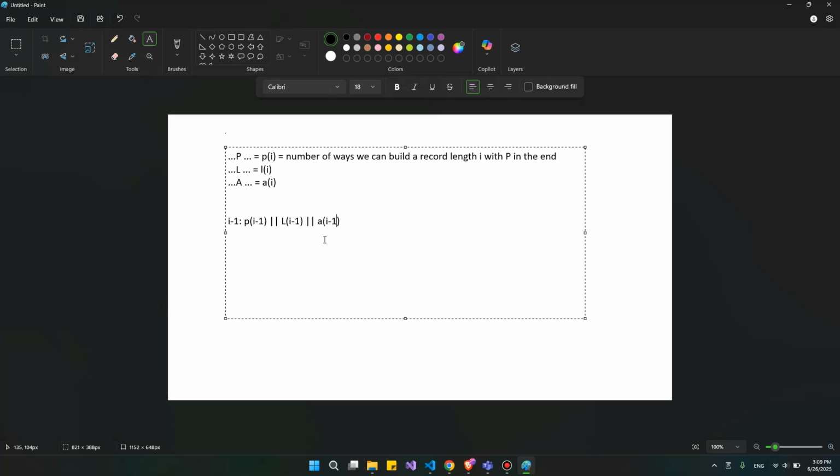Yes, so if we are here, we can put another P. And if we are here, we can also put another P, and if we are here, we can also put another P. So our P I can make P I plus one plus, right.